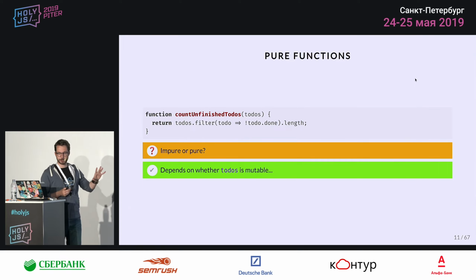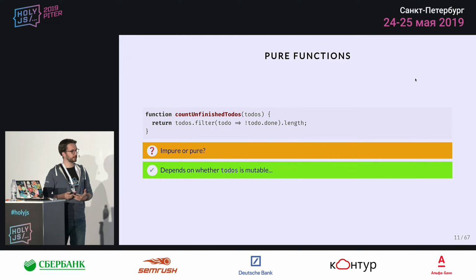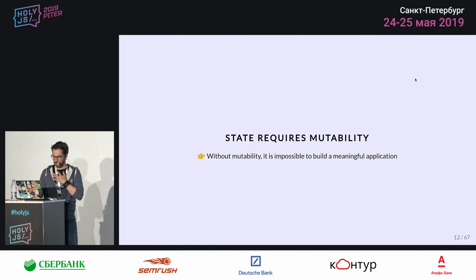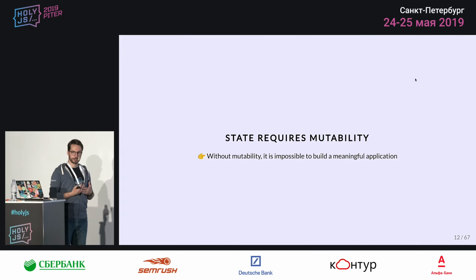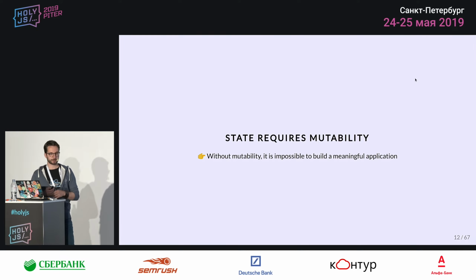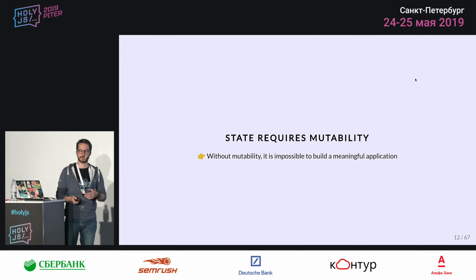So either to-dos is mutable, or the collection of to-dos lives somewhere else where there is state. There's always some state somewhere describing what our current set of to-dos is. In other words, to have state, you have to have mutability. You can't avoid it. Without mutability, it's basically impossible to build anything meaningful. Then you just have a static site.